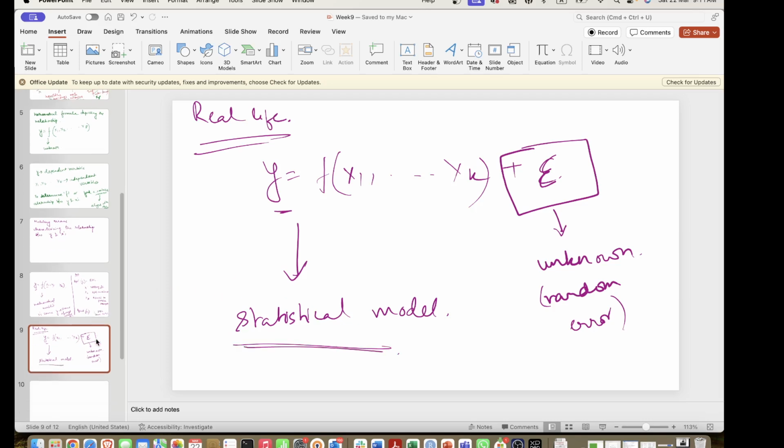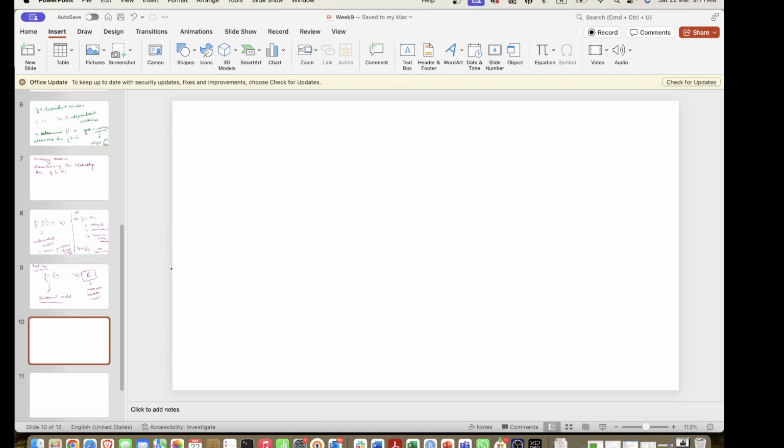Now we have learned about modeling and the concepts behind modeling, what we mean by it and what we are essentially trying to achieve. Now then comes the keyword linear model.